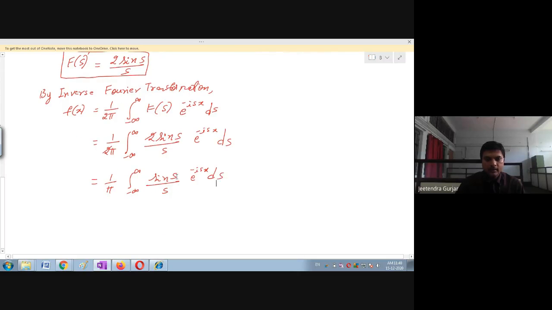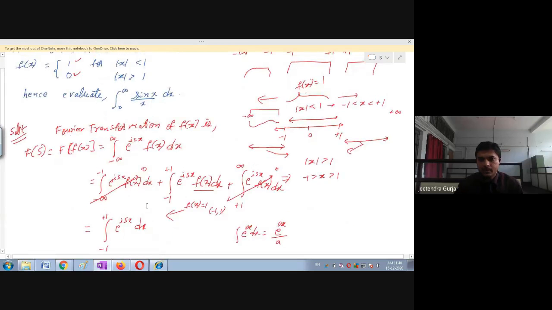Now you can see here students, I'm going to put x is equal to 0, so that this function I may get like this. That implies I'm going to restrict this function for f of 0. Why am I substituting f of 0? This is the common question for all the students.